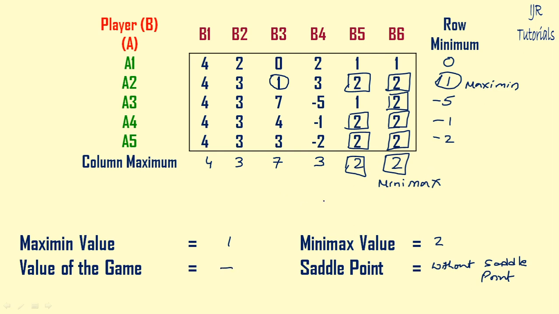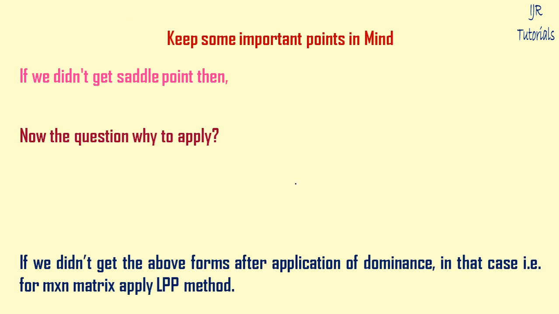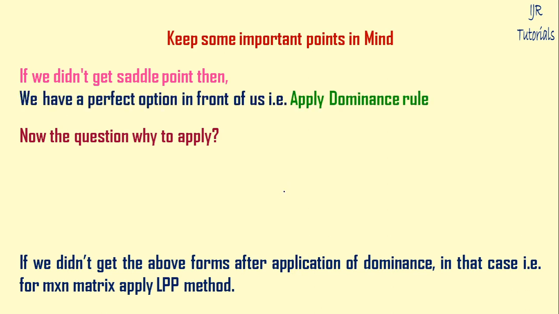So this is the basic type of calculation. Once we find that a game is without a saddle point, we have to use the dominance principle. There are some points we need to keep in mind. If we don't get a saddle point, then we have a perfect option in front of us, that is to apply dominance.